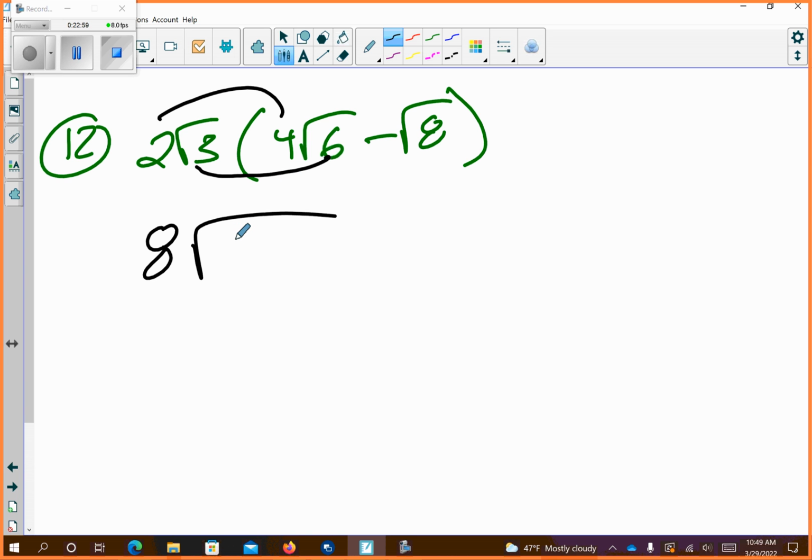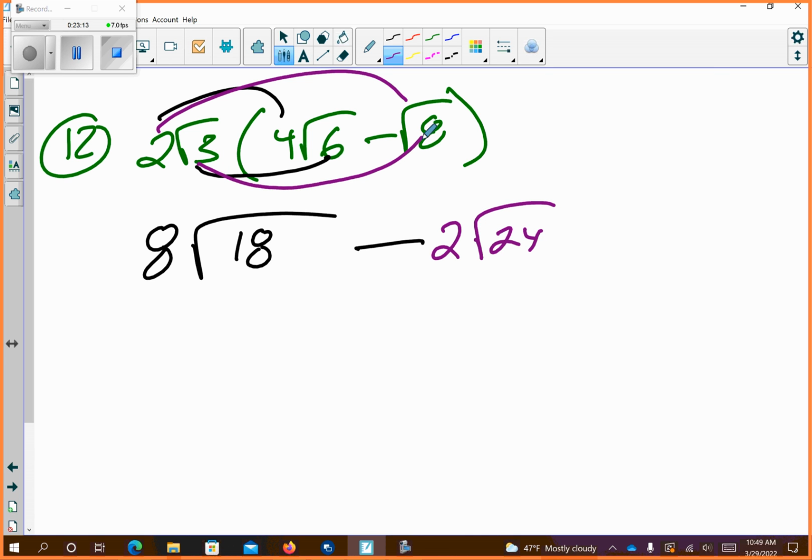So I guess we could make that root 18. Some of the times we were breaking it down, but 18 is a pretty small number. All right, and then I'm going to do this. 2 root 24, because I can multiply underneath. Then 4, 9, 16, 25. That's enough.